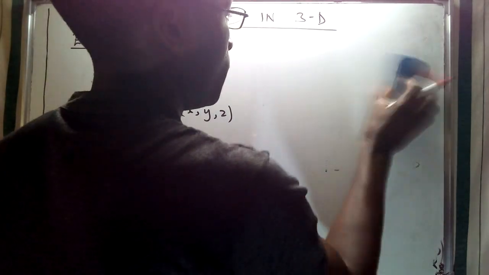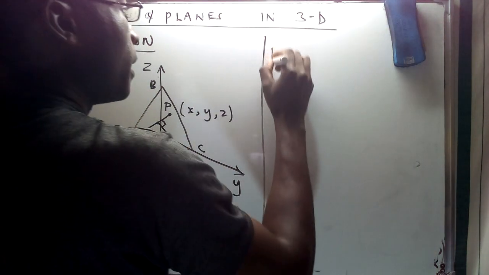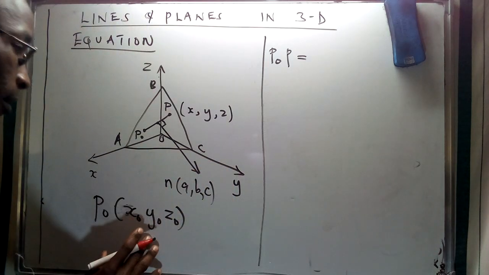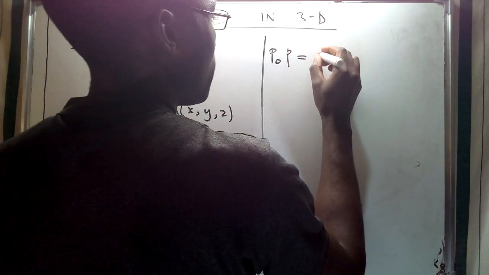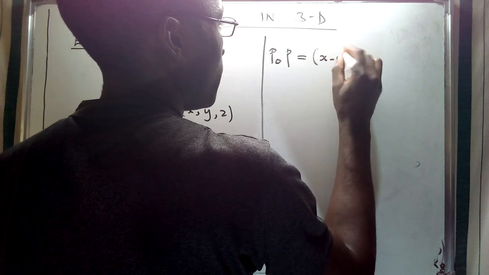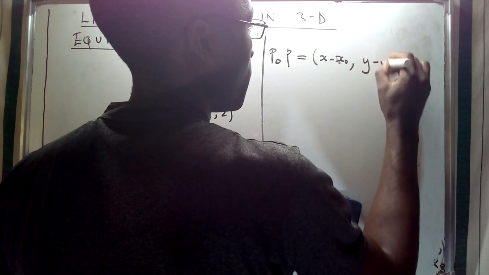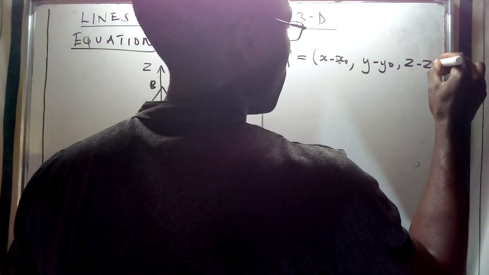From this specific perspective, we can find a vector P0P by finding the difference between these 2 specific points, whereby we are going to find x minus x0, then y minus y0, and then z minus z0, given as such.